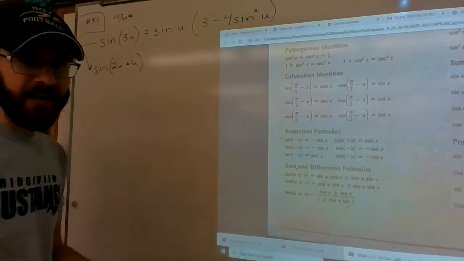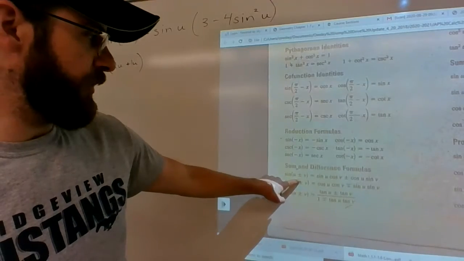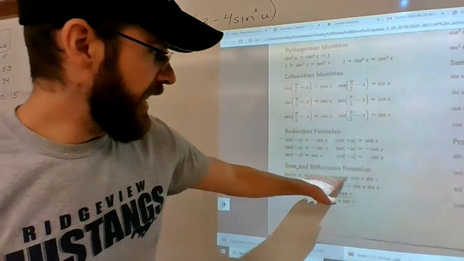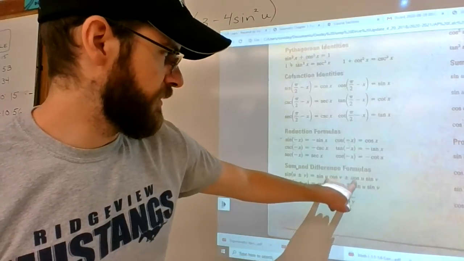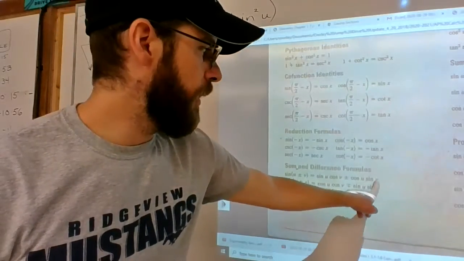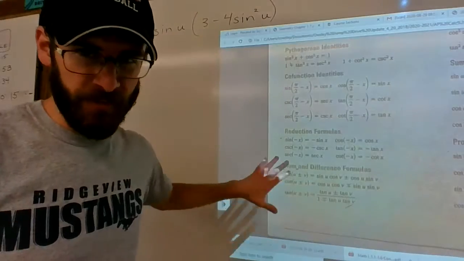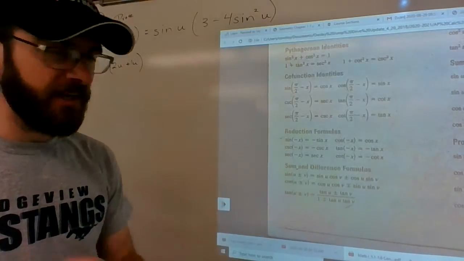I can do that. Then you can split it up to create the sine of 2u and the cosine of 2u, the sine of u and the cosine of u. It's kind of weird because the formula given has u's and v's, and this is a u. I get it. That might be a little tricky.